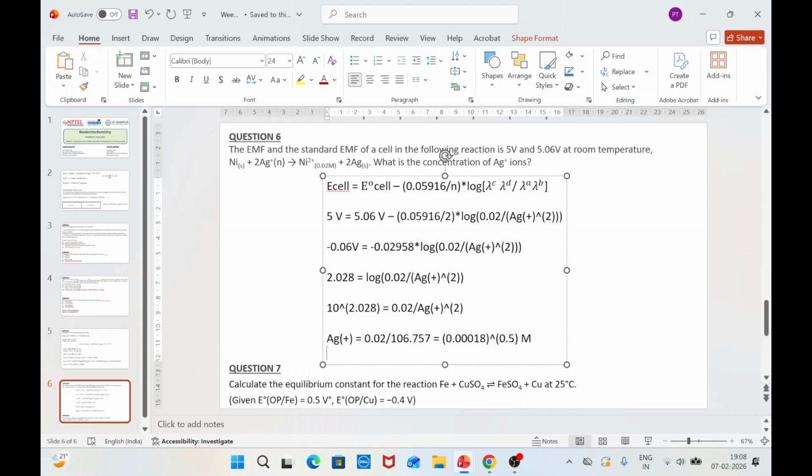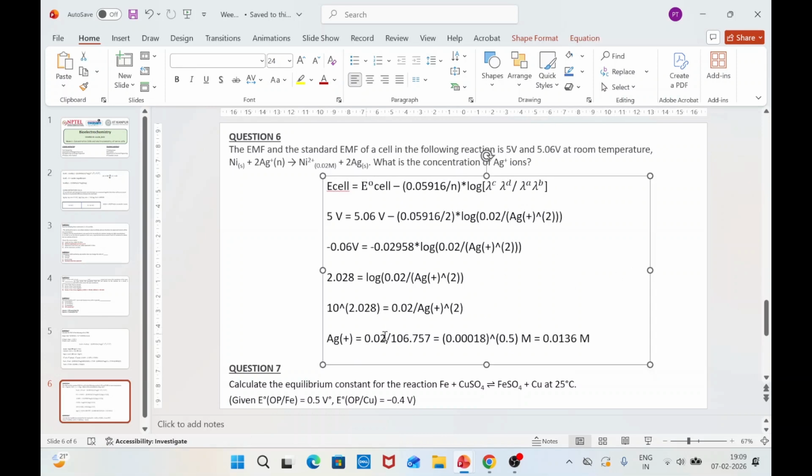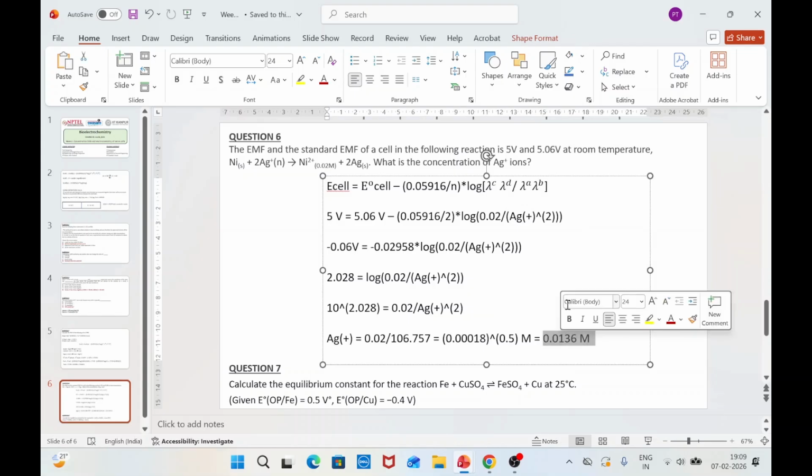Is that correct? So which is nothing but equal to, so this is the final concentration. 0.0136 molar is the concentration of the Ag+ ions.